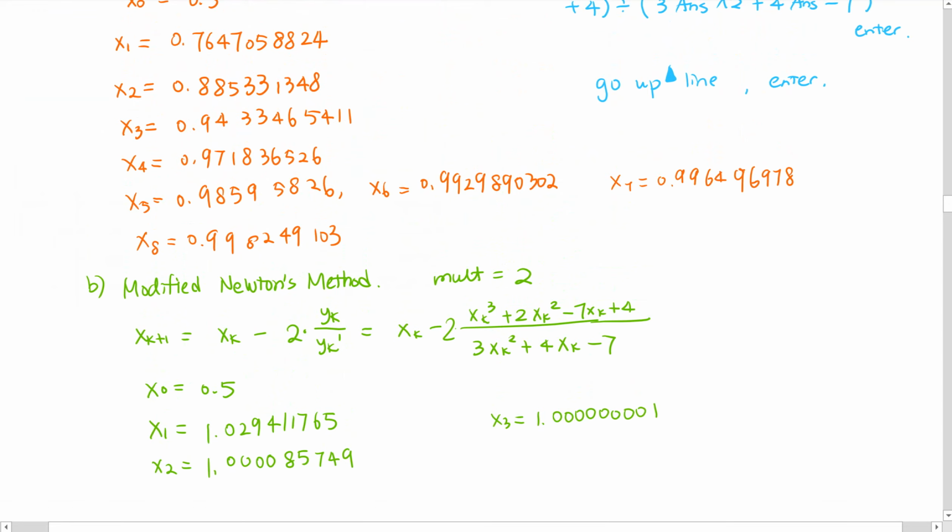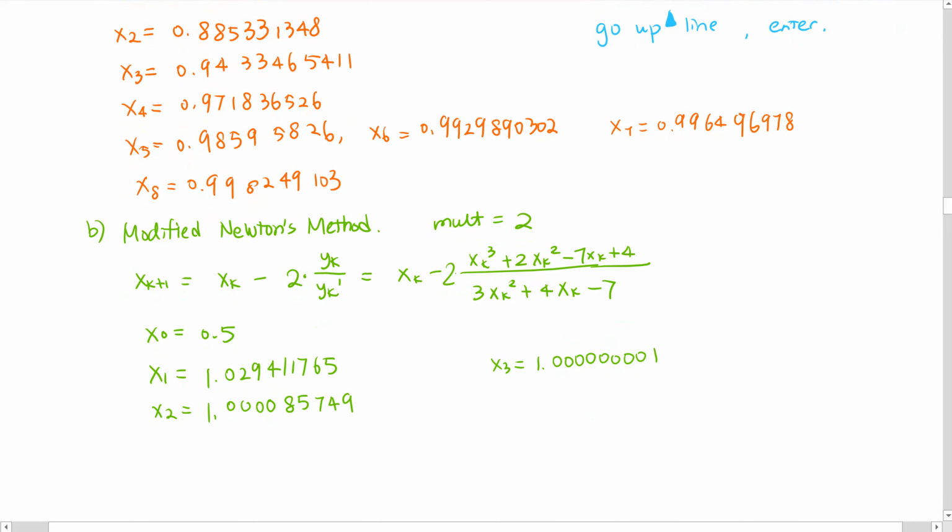Compared with the old Newton's method, it converges very slowly. Okay, so you can see the modified Newton's method actually gets faster convergence. And usually Newton's method converges quite fast. Okay, but sometimes when the derivative is 0 near the true root, then the convergence is not fast.